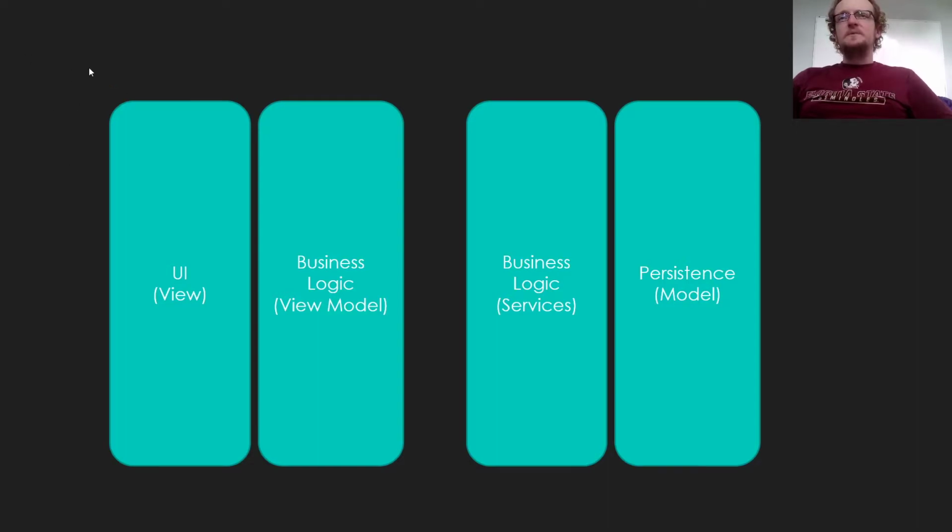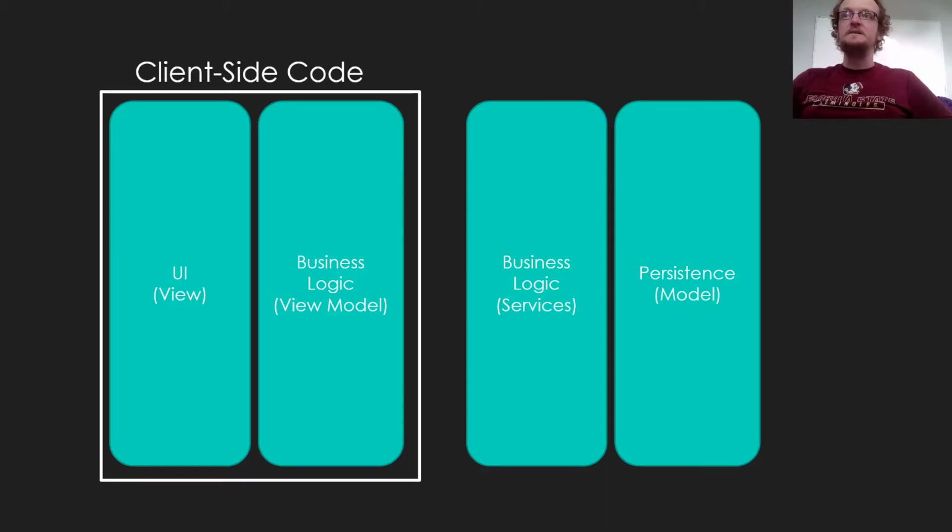So there are lots of ways to think about this kind of situation, but the thing that is most important to keep in mind is that what we started in the previous slide is talking about front-end and back-end development. The other way to think about that is what is client-side versus what is server-side. Here I have the view and some business logic that is on the device.